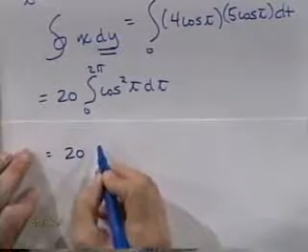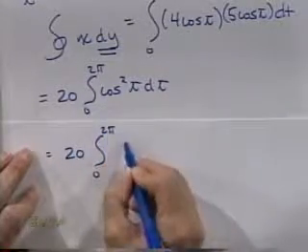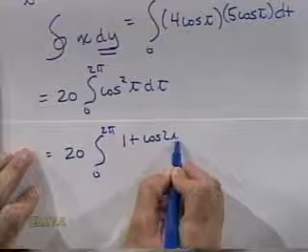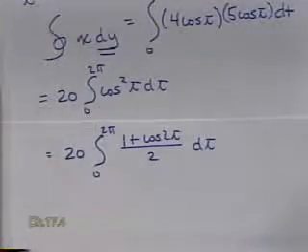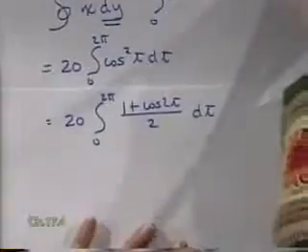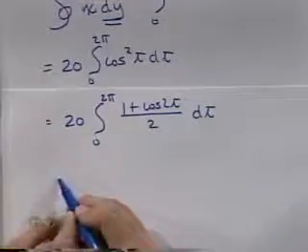And how do we integrate a cosine squared? We replace it with 1 plus cosine 2t over 2. We used that many times in the last chapter. It should have stuck by now. All right, so I can divide 2 into 20 and get 10.